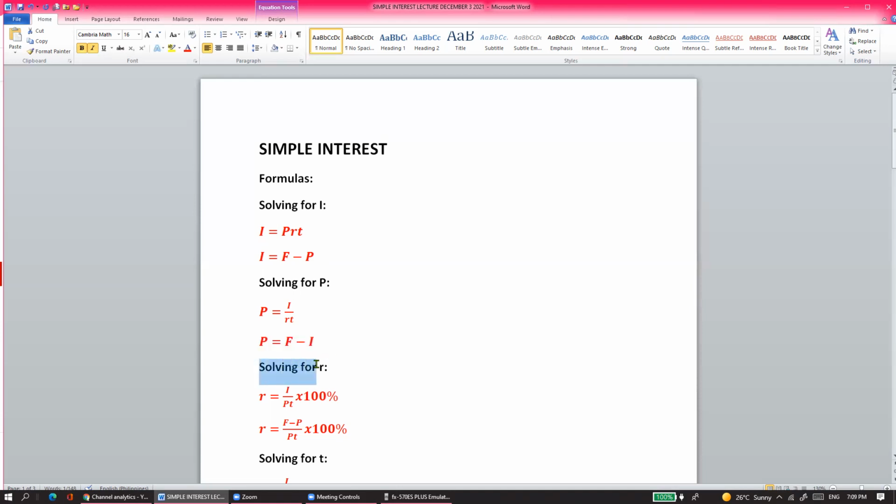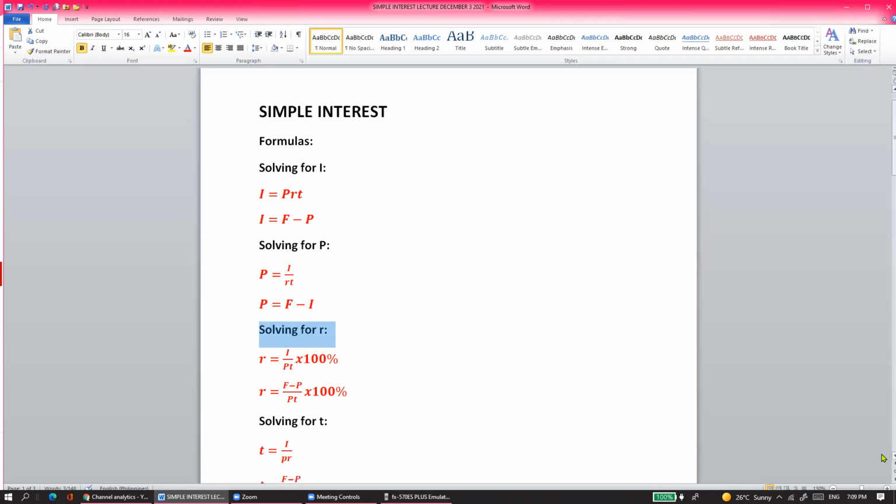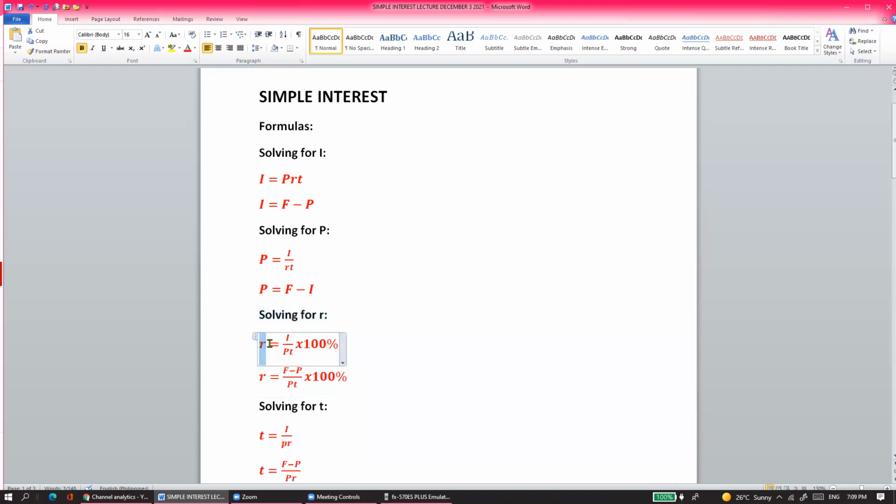And then to be followed by how to solve for the rate of interest in any given worded problem. R is actually equal to I over PT times 100%. Or R is equal to F minus P over PT times 100%. Bakit F minus P over PT?